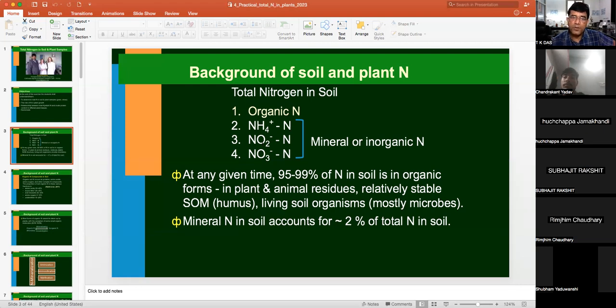And mineral nitrogen in soil accounts for, on an average, 2% of the total nitrogen in soil. This is actually a mean value. The range can be from 1 to 5%. Is that clear?